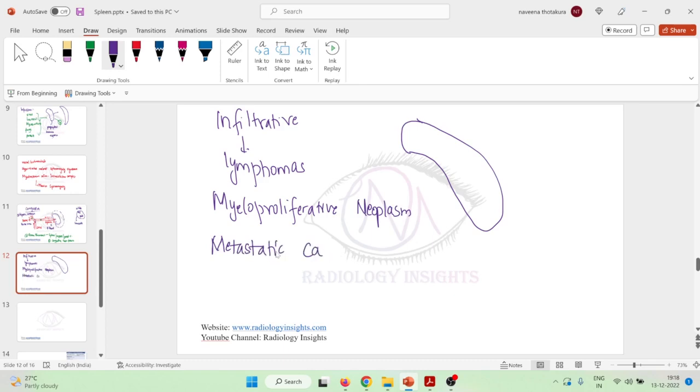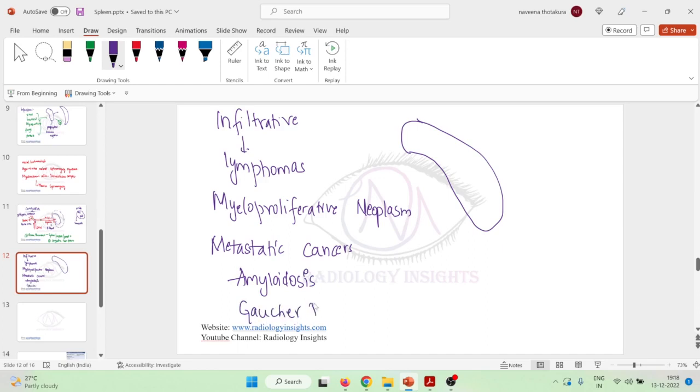These metastatic cancers can invade the spleen and cause increased growth of the cells, resulting in splenomegaly. There can be amyloidosis, where amyloid gets deposited in the spleen, causing splenomegaly.